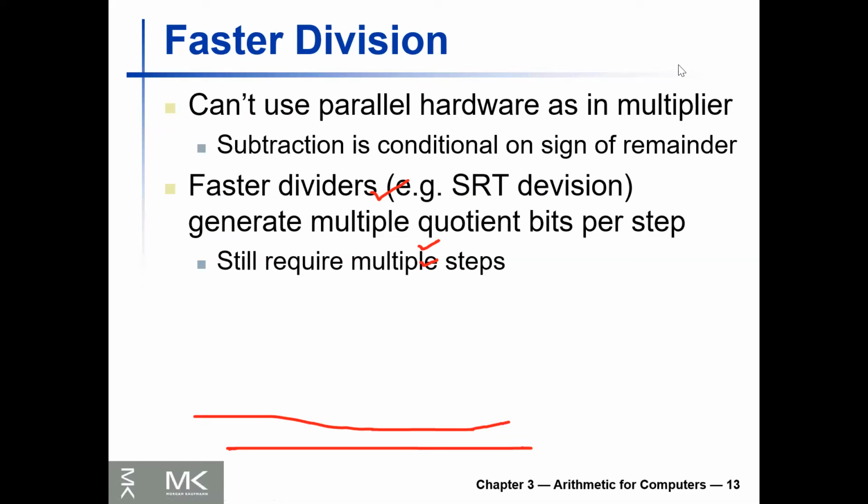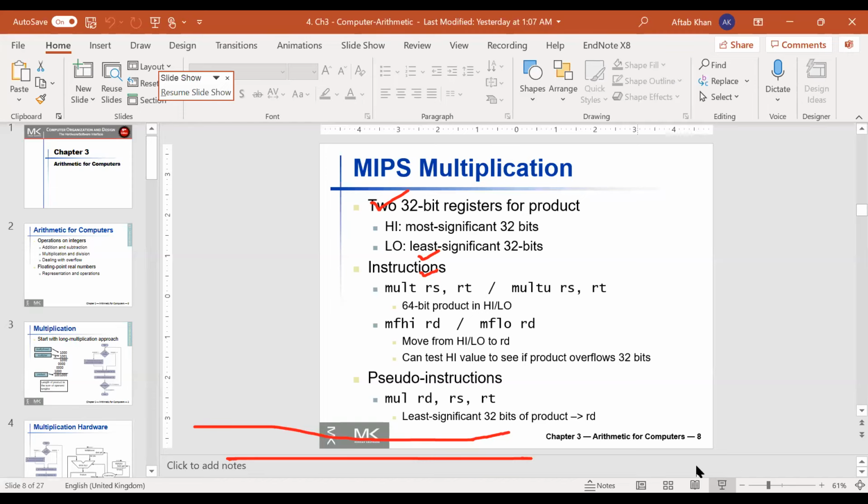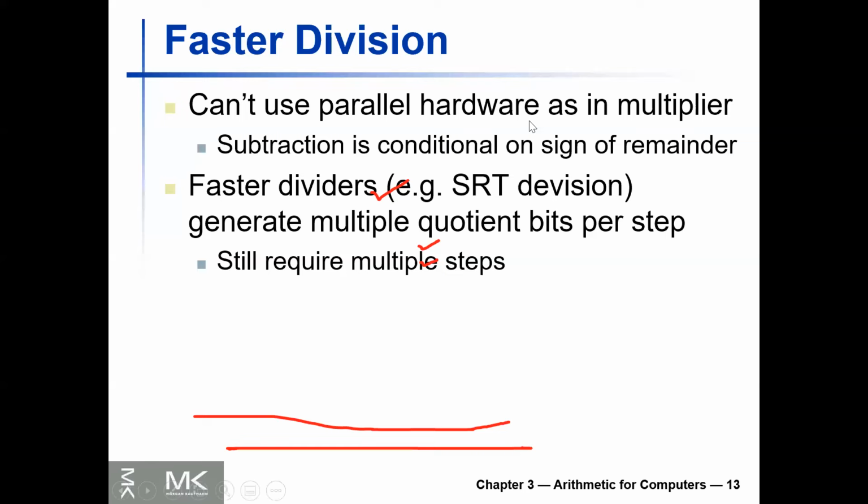The reason is that, girls, sorry, just a minute. The reason for not having faster division is that addition or re-addition is depending upon the previous subtraction operation. Yani once we are subtracting divisor from the remainder, we need to check whether the result is less than 0 or greater than equal to 0.